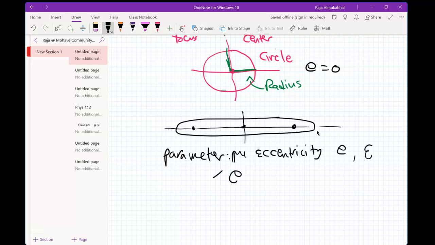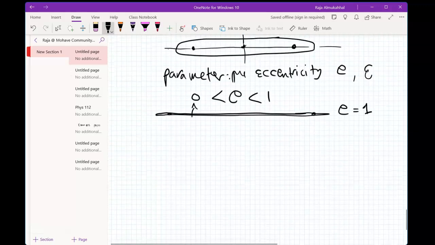And the eccentricity is somewhere between 0 and 1. 1 basically means the ellipse is extremely flat, like this. It's the extreme case where the two foci are very, very far away, almost infinite. And we call that eccentricity equals 1. And 0, as I said, is a circle.